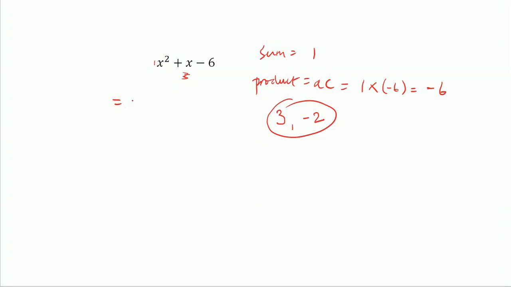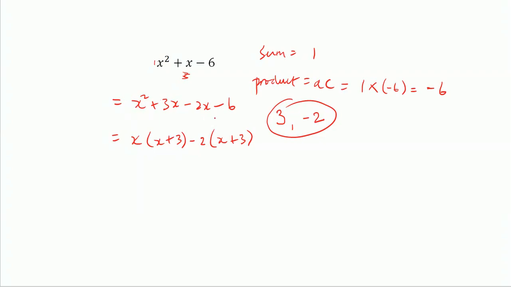So we replace the middle term again: x squared plus 3x minus 2x minus 6. So we pull out the x, so we end up with x plus 3. And if we put minus 2 here, we'll end up with x plus 3.